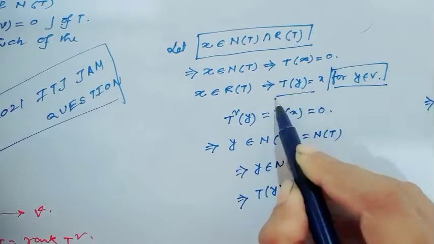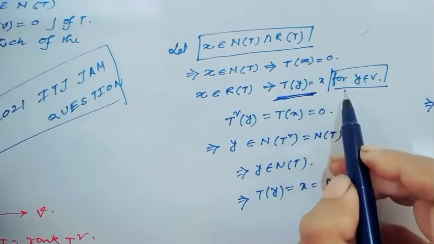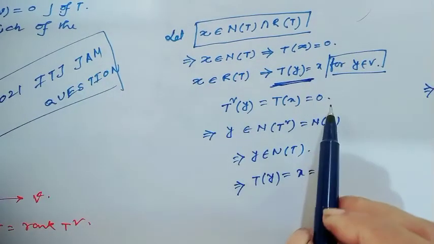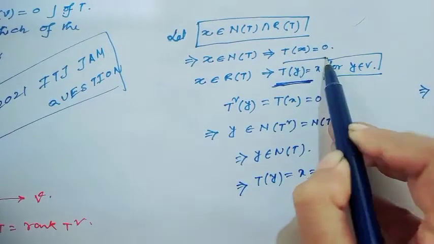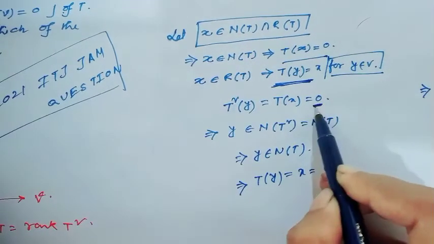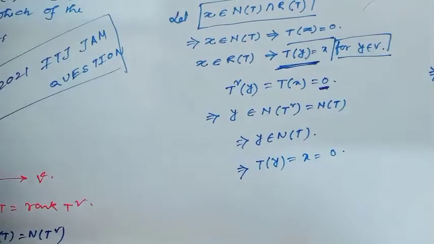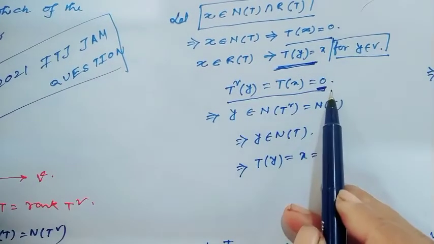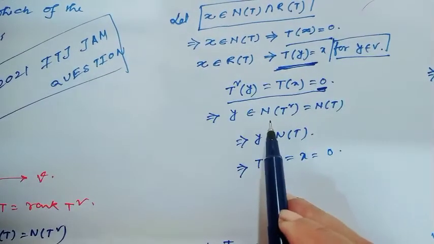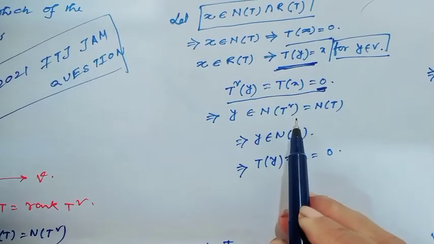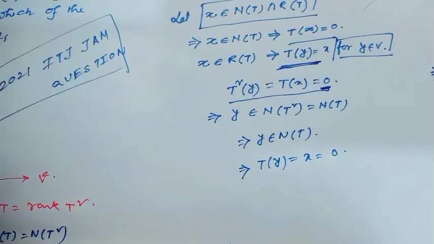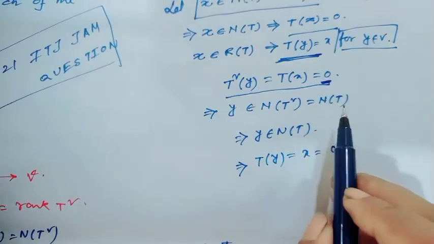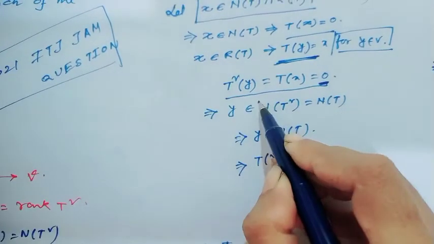Now apply T on both sides. Then obviously T square y equals Tx, and since Tx equals 0, this is 0. That means T square y equals 0, so y belongs to the null space of the linear transformation T square. Also, it is given that the null space of T is equal to the null space of T square.